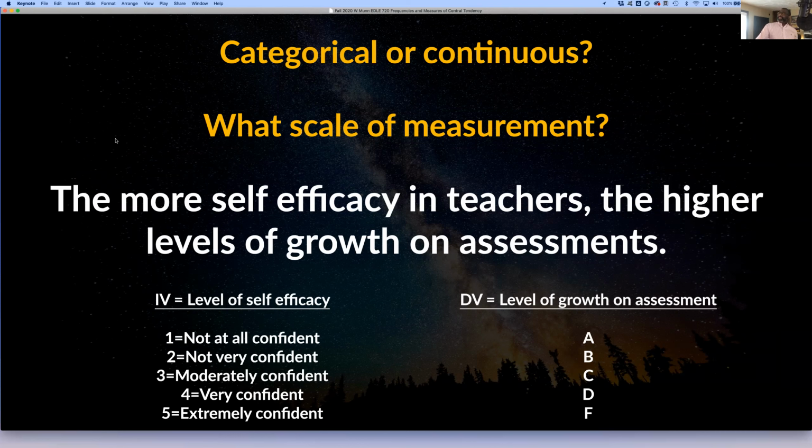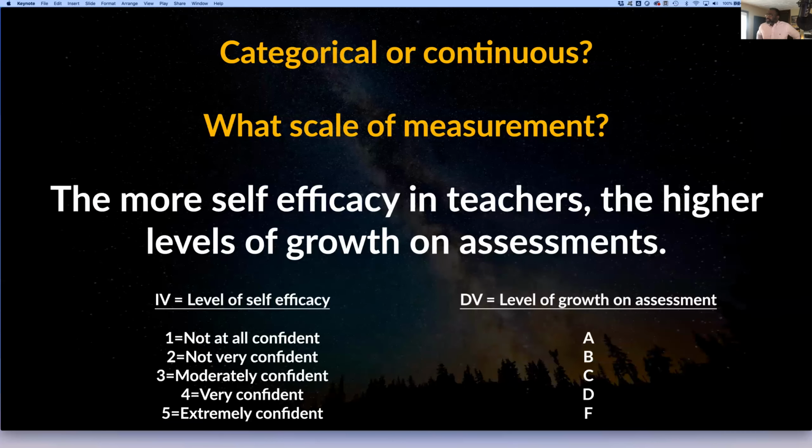Categorical or continuous? What scale of measurement? The more self-efficacy in teachers, the higher levels of growth on assessments. So we see the independent variable here on the left, level of efficacy, and we see the way that it is coded, 1, 2, 3, 4, and 5.